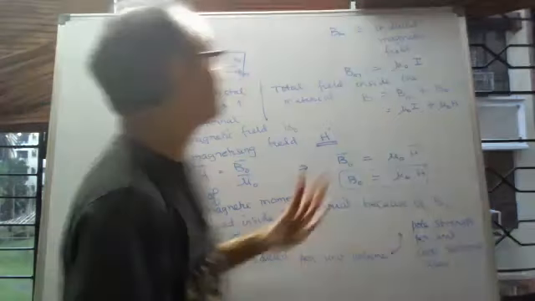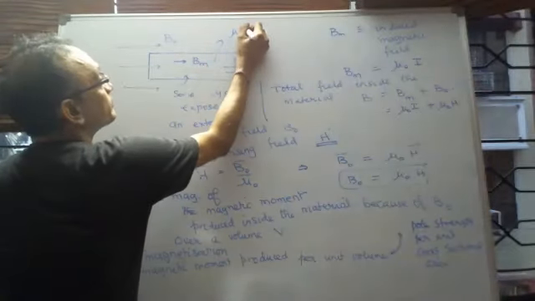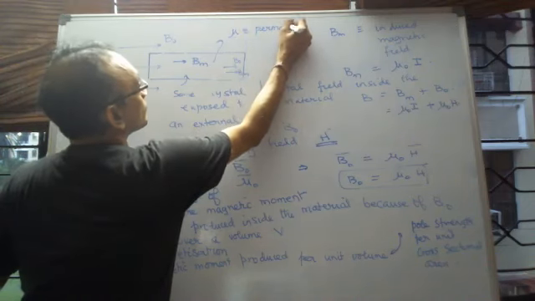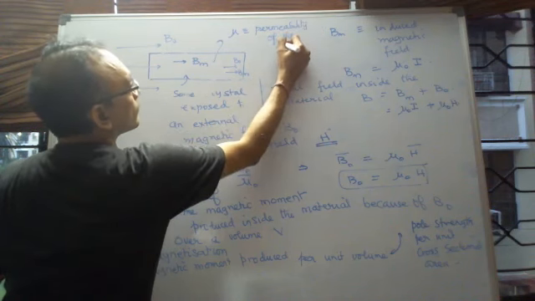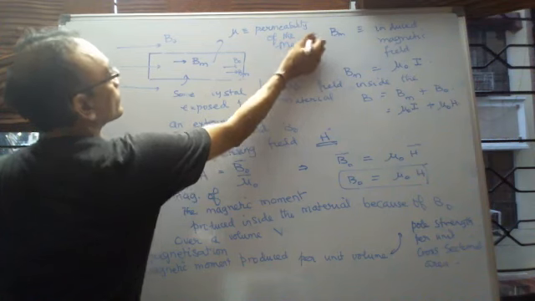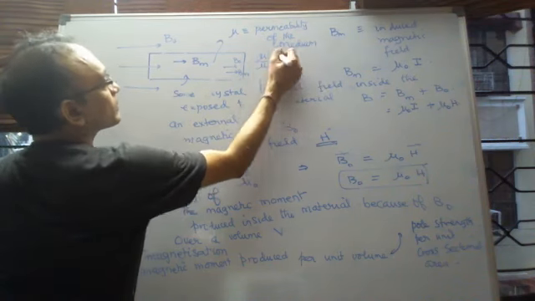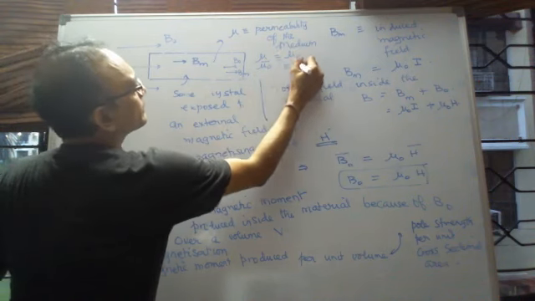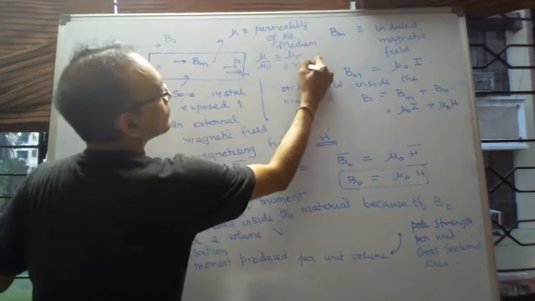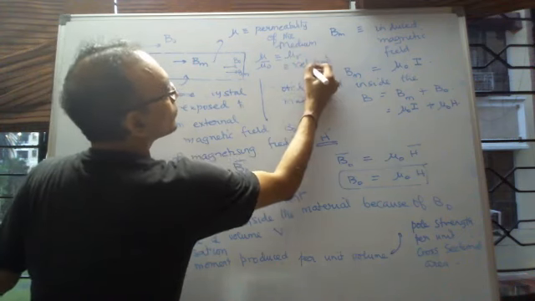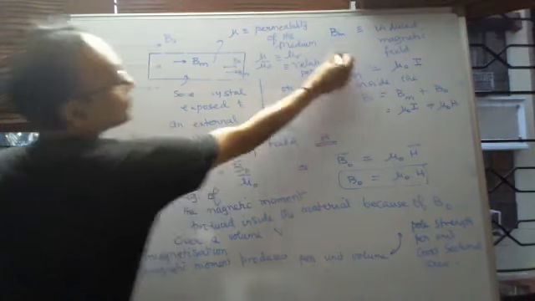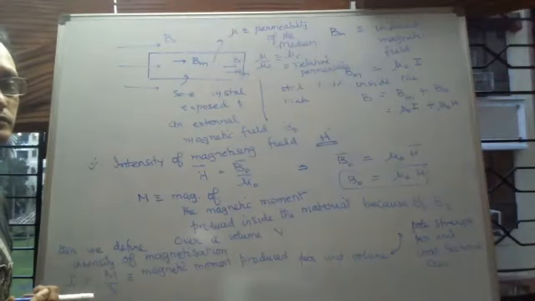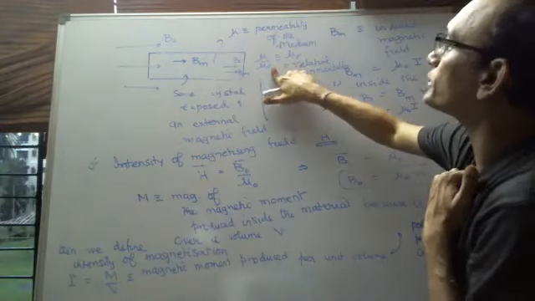If mu is the permeability of the medium, then mu by mu naught is mu r, the relative permeability.